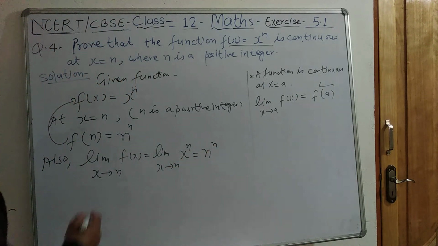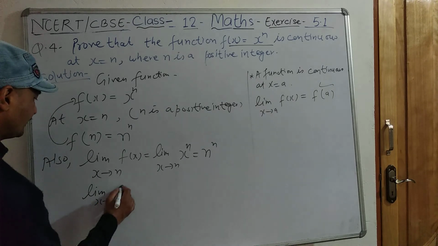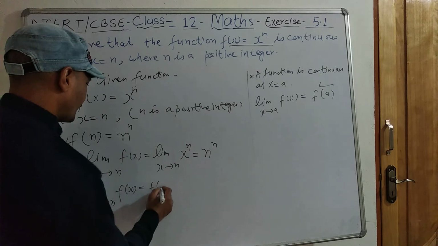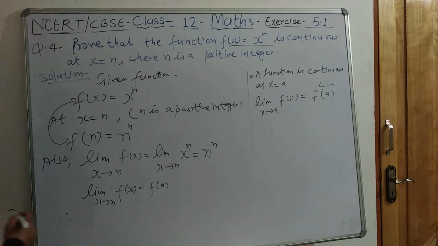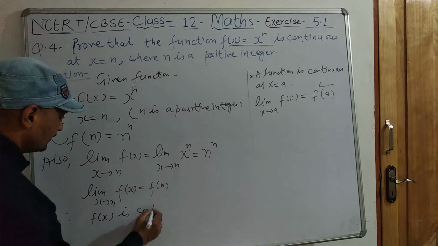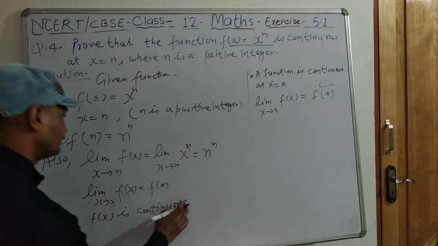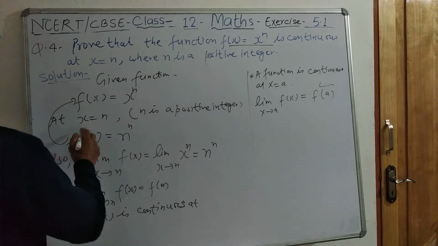So clearly here limit x tends to n, f of x is equal to f of n. Both are the same. That means, hence, f x is continuous at this point x is equal to n.